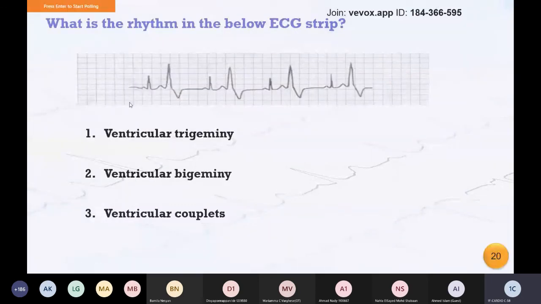So what about this one? Is it trigeminy, is it bigeminy, or couplets? This should be easy. Is it every single one, one single one PVCs, or every two? You can decide.